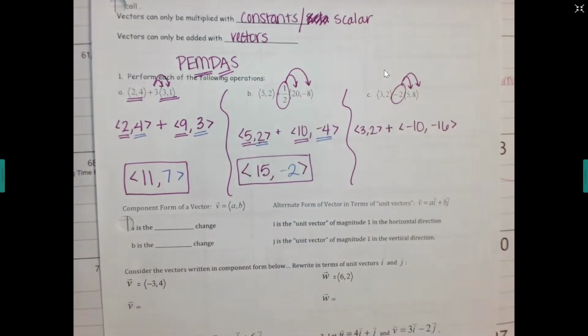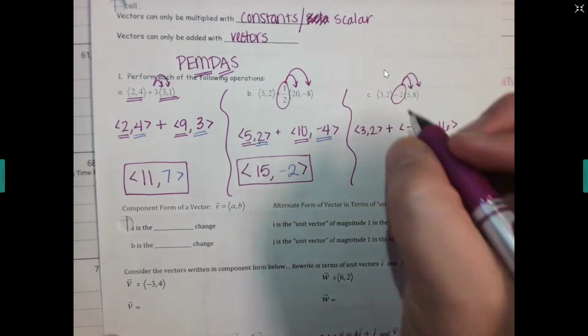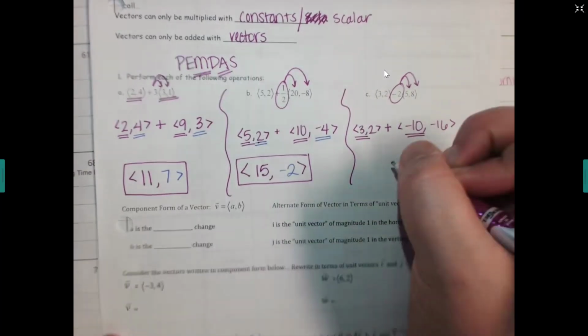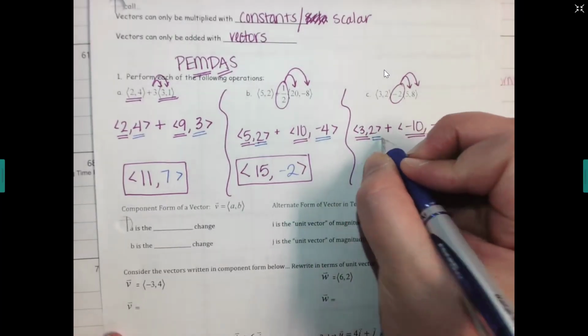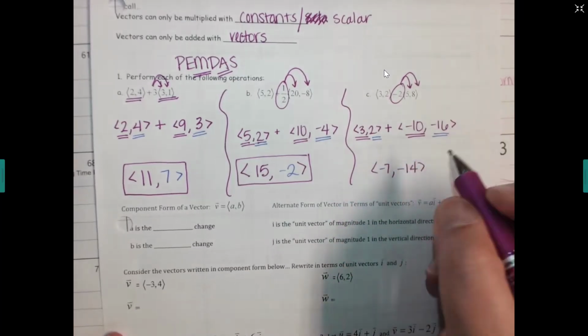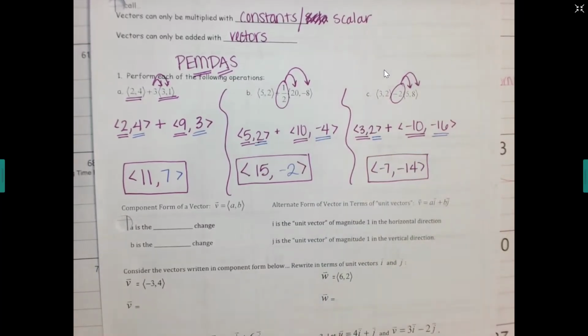So this is not a minus anymore, because you pushed the minus into the horizontal and vertical components. Then you add them up. In your calculator, add 3 and -10, which is -7, and then add the 2 and the -16, which is -14. Perfect. Whenever you get to that second stage, it's always adding, because if there was a minus in the middle, you would have pushed it into the vector.